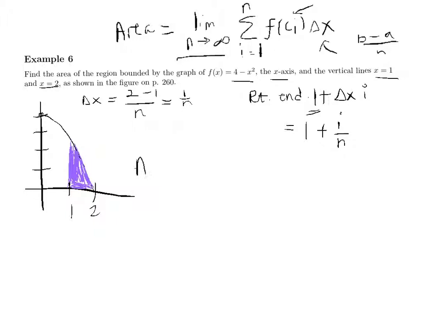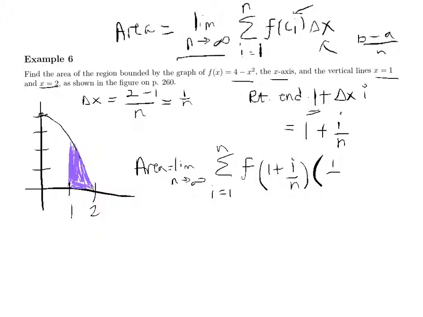All right, so by our new definition up above, our area will be equal to the limit as n approaches infinity of the sum of i equals 1 to n of f of ci, which in this case we're saying is 1 plus i over n, times delta x, which is 1 over n. Okay, so now we plug in.